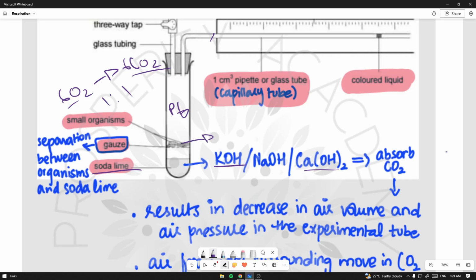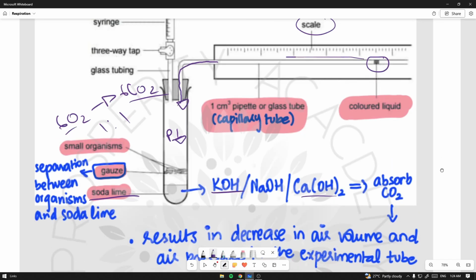And by the way, we can use maggots, we can use lice, germinating seeds, basically any small living respiring organism. Now, this pressure change is going to cause the oxygen present in the capillary tube to move in, and as the oxygen moves in, the colored liquid is going to move along.